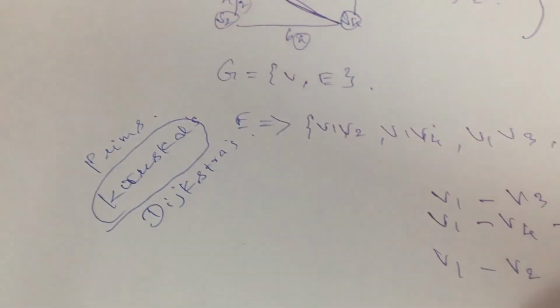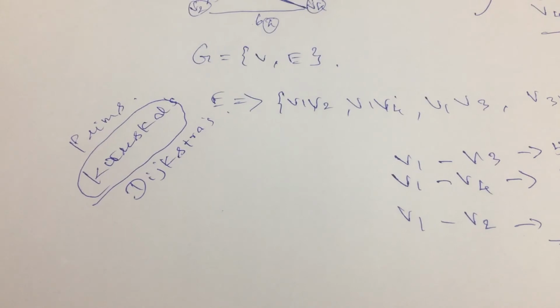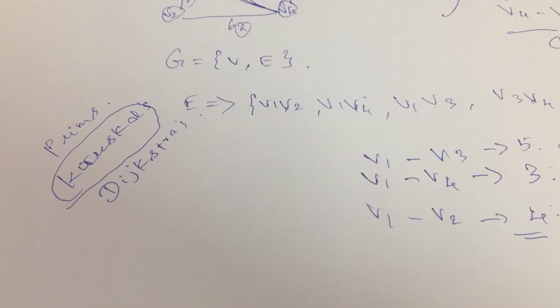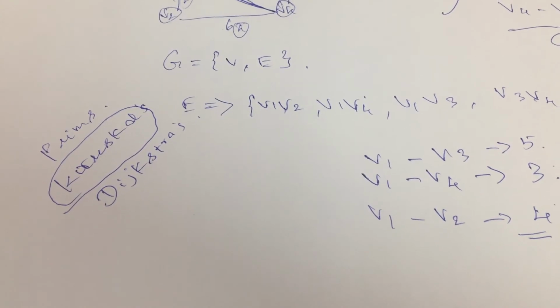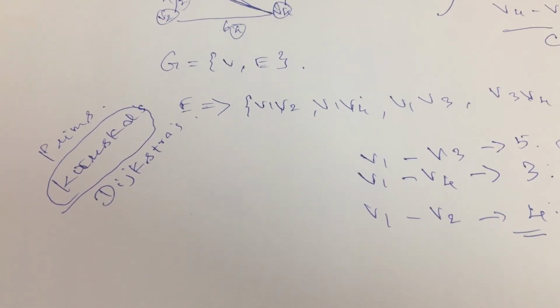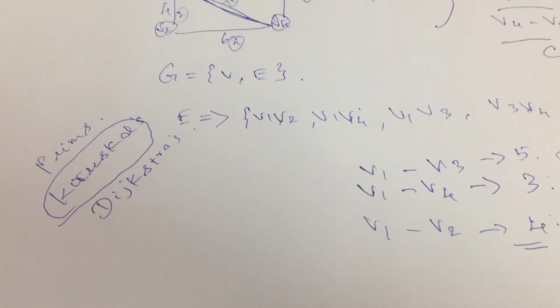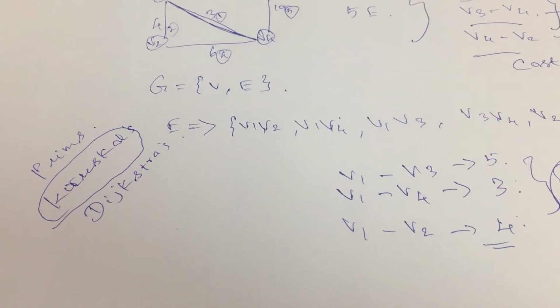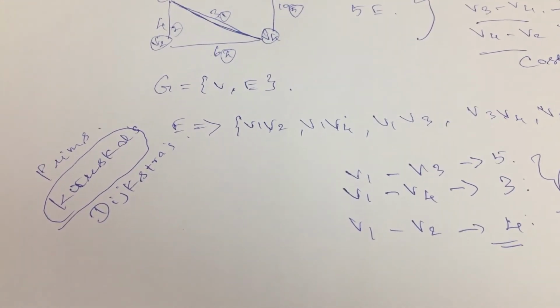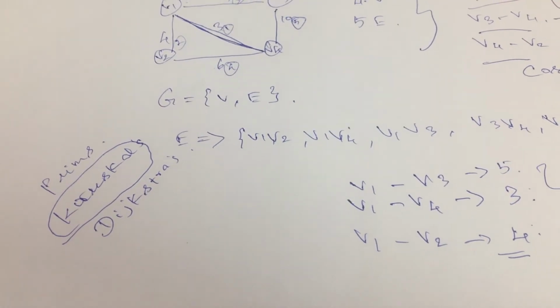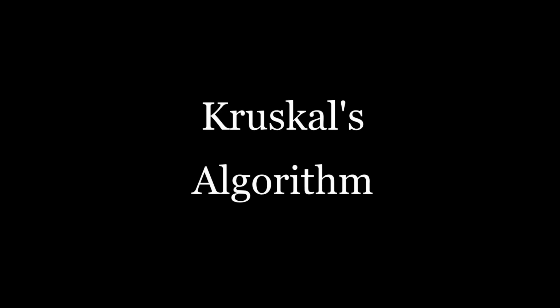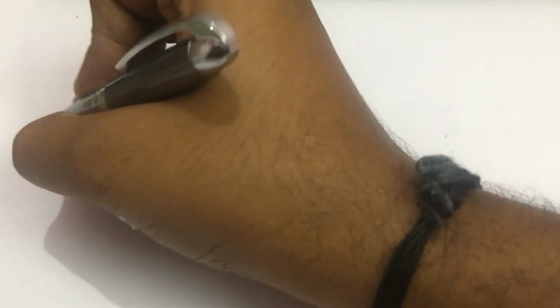So first I have decided to teach you the entire logic of Kruskal's algorithm, as well as the implementation part of it, right? So let's quickly move to how Kruskal's algorithm can be implemented and what rules we have to follow for it. So now let's start with Kruskal's algorithm.